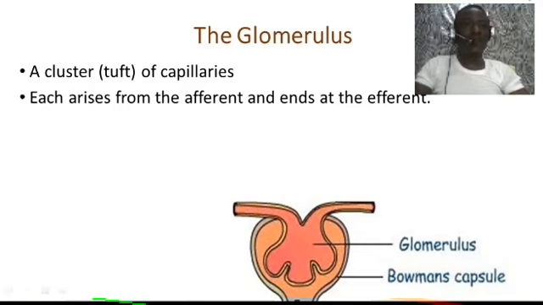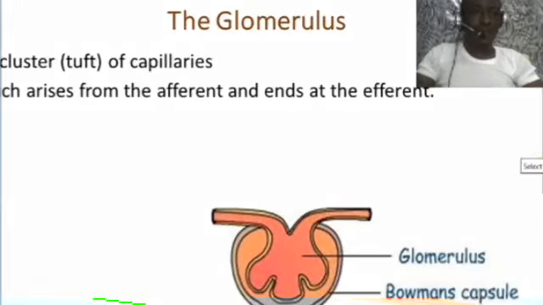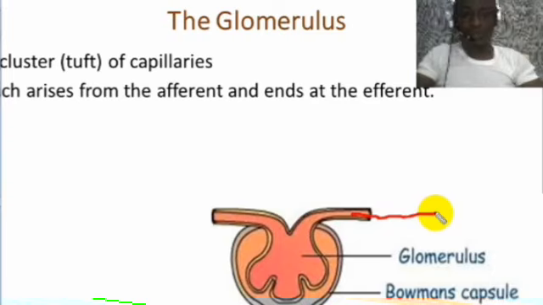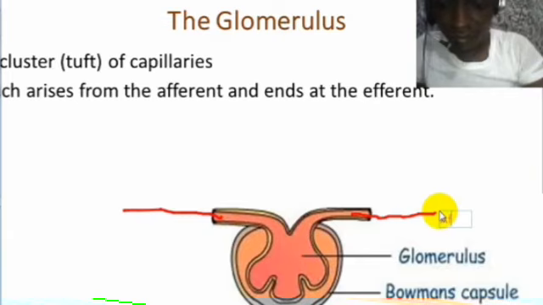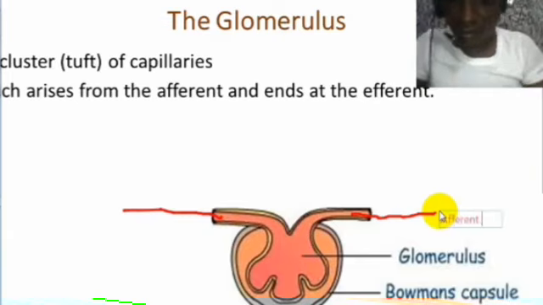Where is the afferent arteriole? Let me show you. This part that looks like a horn, one of them is called afferent. This is the afferent arteriole.